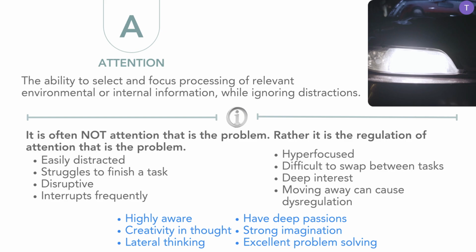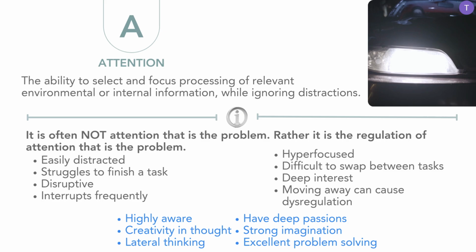So are you hungry? Are you thirsty? Is your bladder full? But also the internal world of your mind as well. So do you have racing thoughts? Is there a song playing in your brain, which is often the case for kids with ADHD? So just to understand that it's both the environmental factors and the internal factors that play a role in your attention.